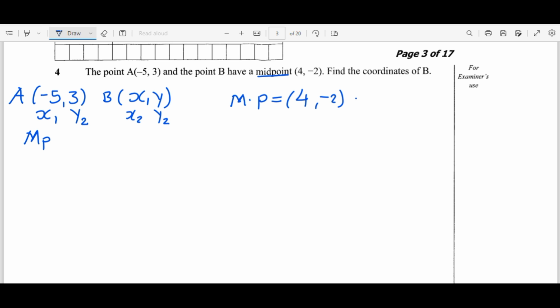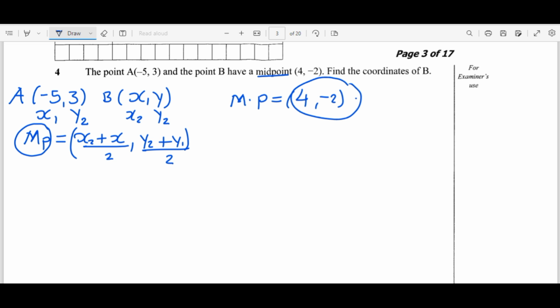So midpoint is equal to (x2 + x1) over 2. So we are just solving for the average, plus (y2 + y1) over 2. Now remember, the coordinates of the midpoint are given. It is (4, -2), so we can now plug in.